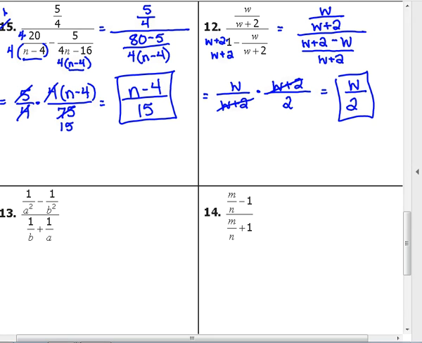Number 13. In the numerator, those are two separate fractions. So the first one needs the b squared. The second one needs the a squared. So let's write out what we've got there. We've got b squared minus a squared over, I prefer alphabetical order, a squared, b squared.